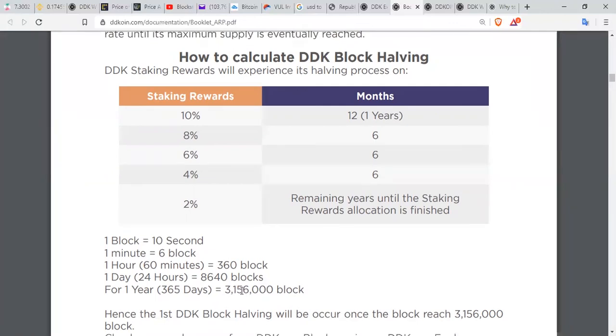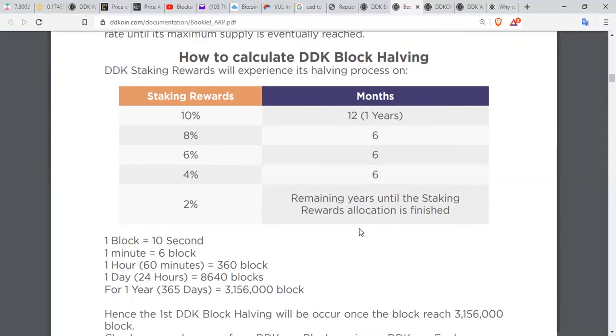So you have to insert 3 here. As you can see, we are actually enjoying a 10% staking reward for every DDK that we stake, and that is scheduled to reduce after a year.